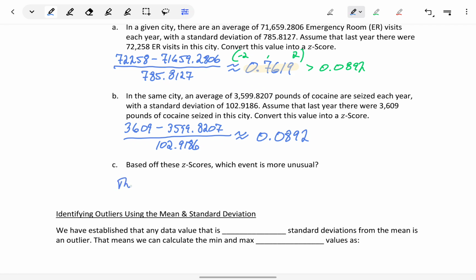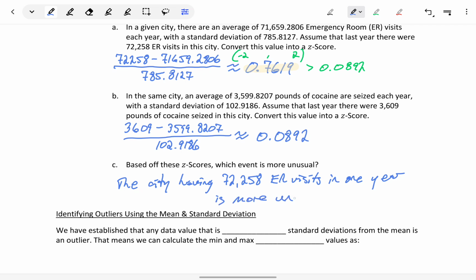And what that tells us is that the city having 72,258 ER visits in 1 year is more unusual.